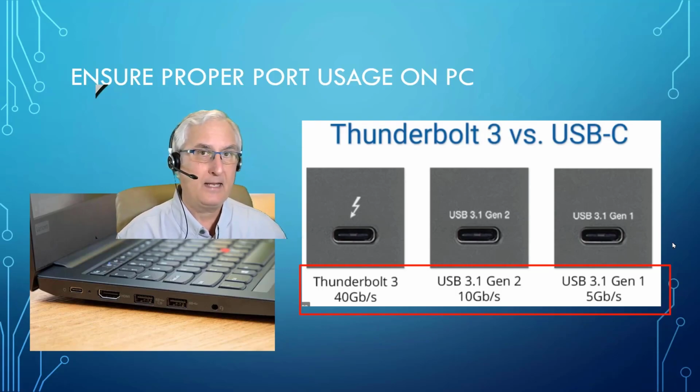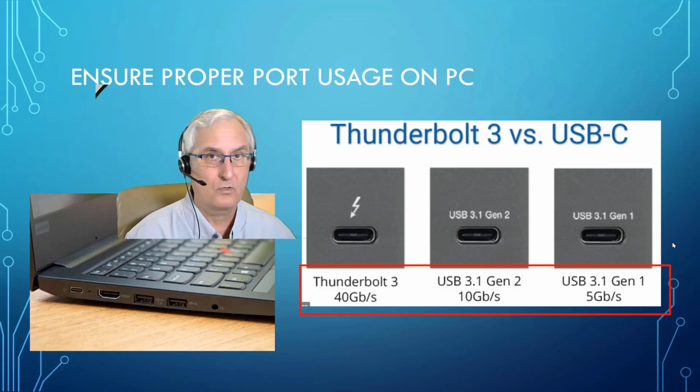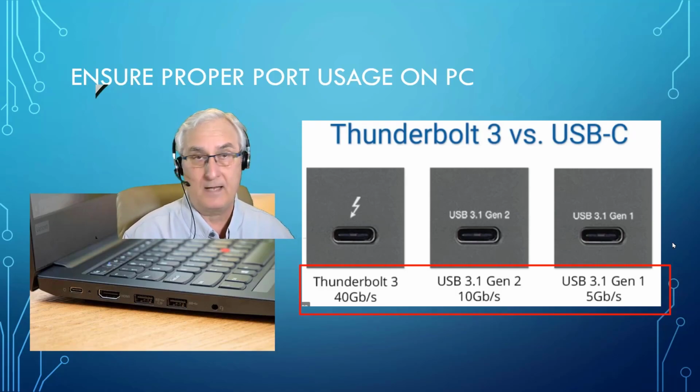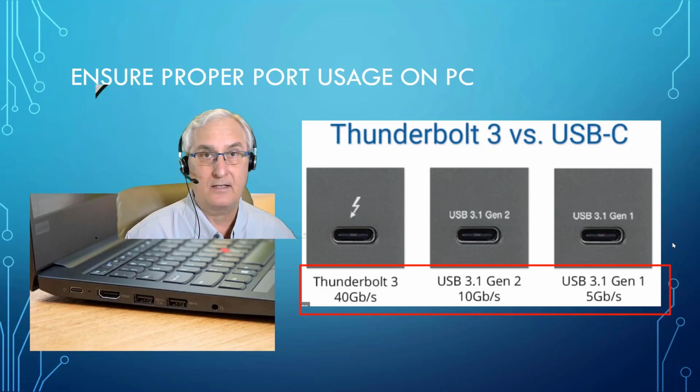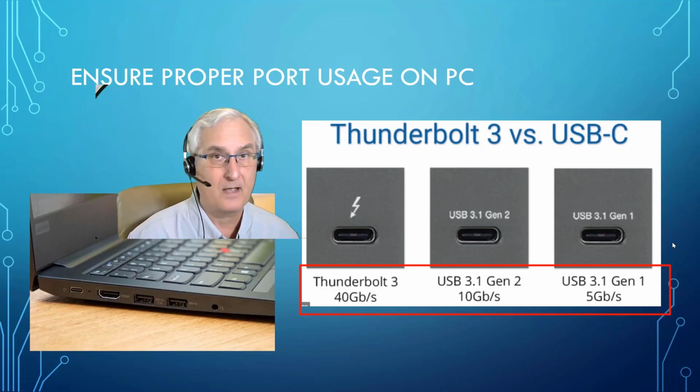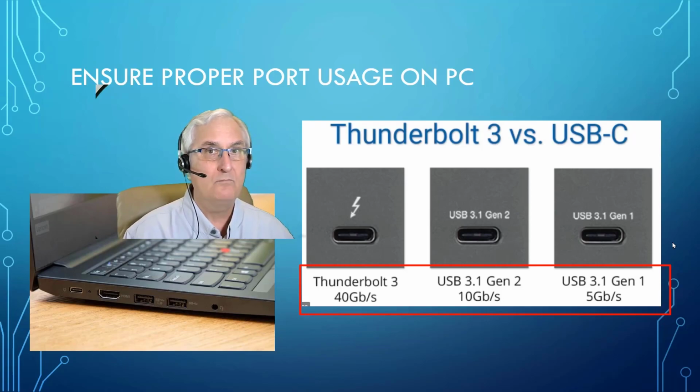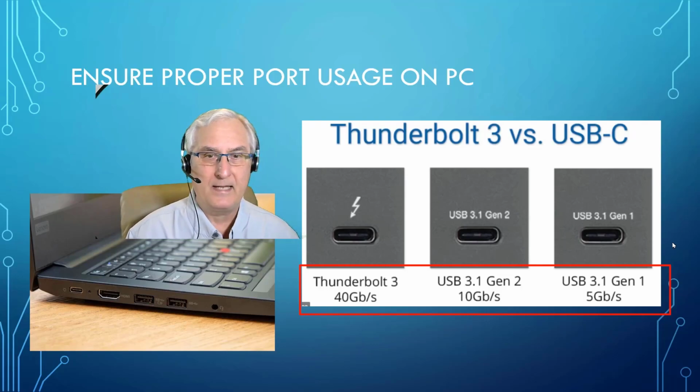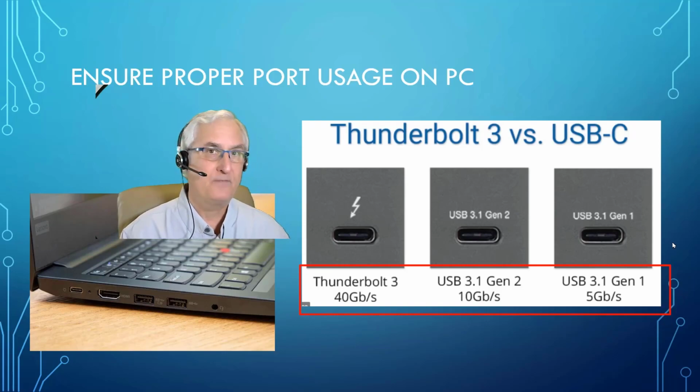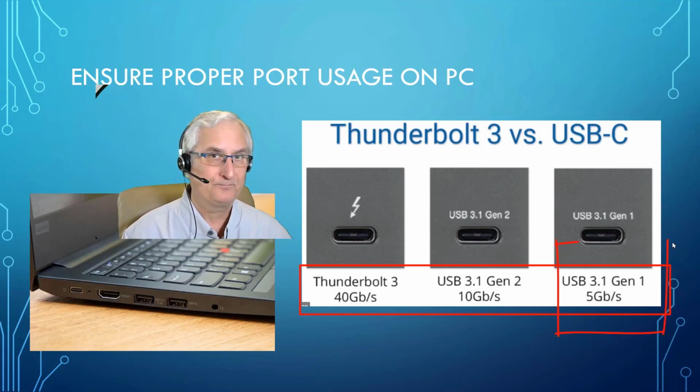So if you had a Thunderbolt USB port on your computer and you wanted to buy a Thunderbolt drive, for example, you connect them, and you have a very, very fast system. But most people won't have Thunderbolt 3, but you will have USB 3.1, and the transfer of USB 3.1 is 5 gigabits per second.